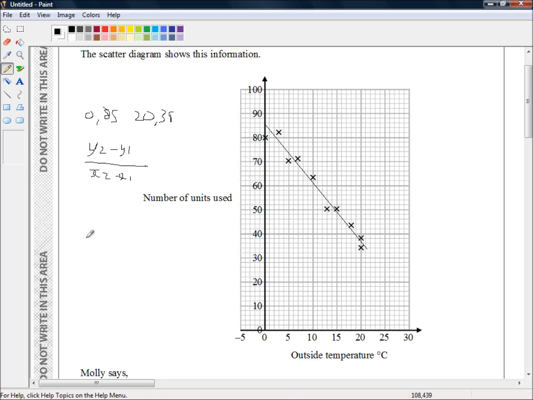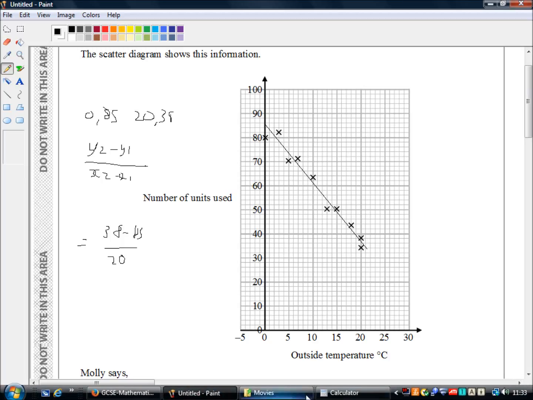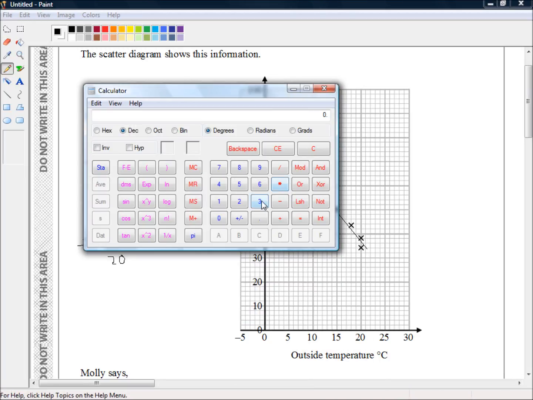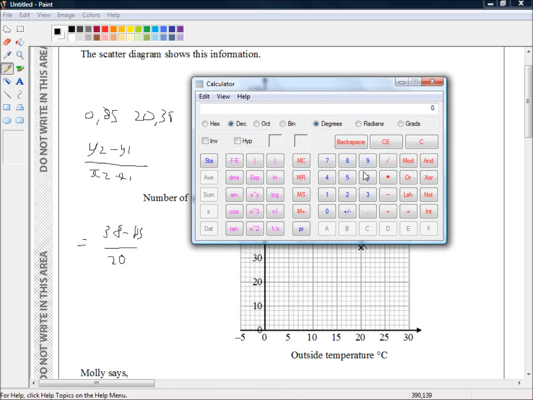So that's equal to 38 minus 85 divided by 20 minus 0, which is just 20. So let's pull our calculator up. So that's 38 minus 85. Don't worry that it's negative. It's going to become negative. You can see that the slope is negative.